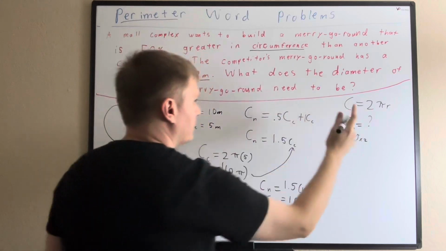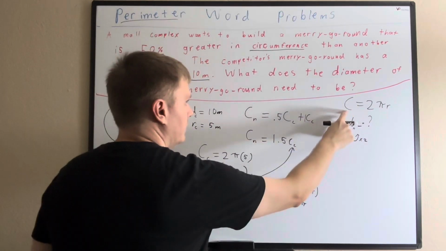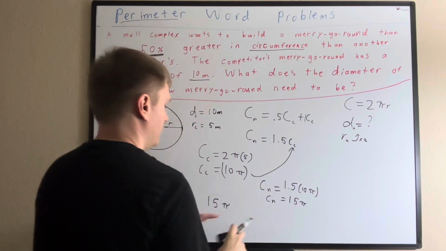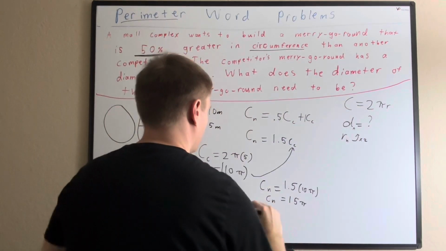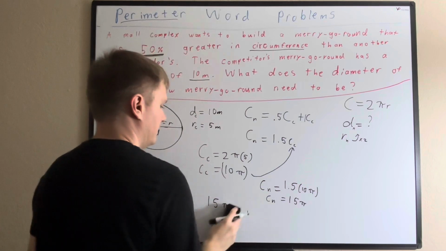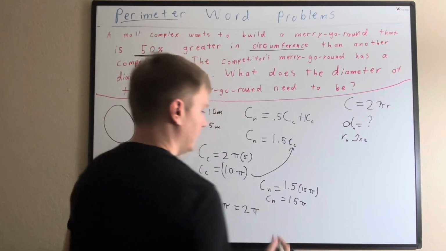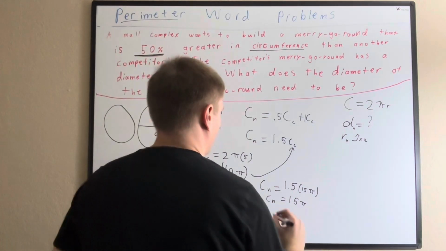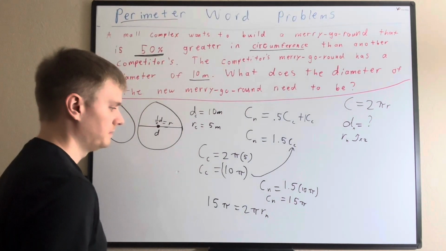So we use this formula once again. 15 pi now is our c, equal to 2 pi. Oh, I just wrote the pi first. Equal to 2 pi r sub n for the new merry-go-round.